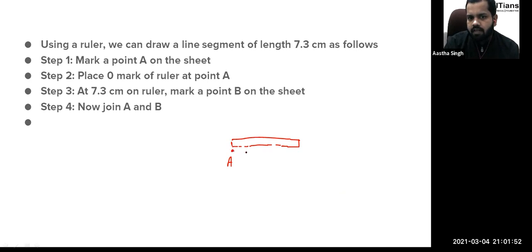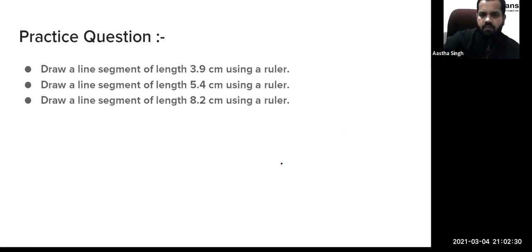And at 7.3 on your ruler, mark point B. This is 7.3 centimeter. This is how your ruler looks like, right? So you just draw a line AB of 7.3 centimeter. It is that easy, guys.